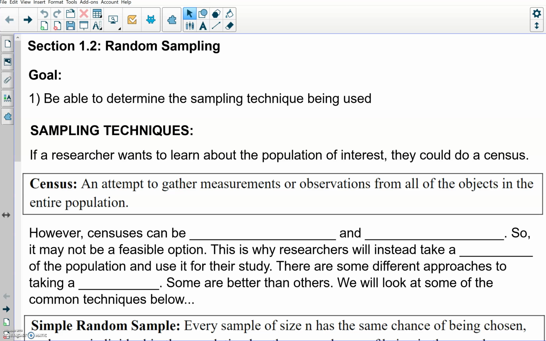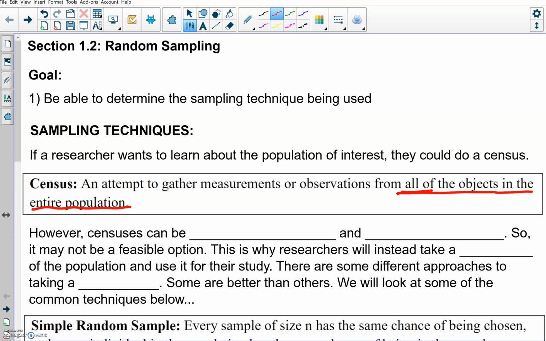All right, so if a researcher wants to learn about the population of interest, they could do a census. We just had the census going on last year. And the idea with the census is that you're gathering observations or measurements from all of the objects in the entire population. This is time consuming. It's expensive, or could be. It's like with the census, they only do it every so many years because it costs a lot of money to get out there to every person in the country and ask information about them and their families and things.